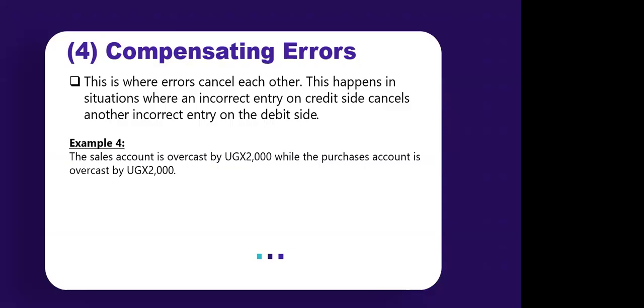However, if they had just said the sales account was overcast by 2,000 and they are silent, in that scenario, that particular error has affected the trial balance. Or if they say the purchases account is overcast and that is it, it is affecting your trial balance. Or if they say the sales account was undercast. Actually, they can give you a scenario where the sales account was overcast by 2,000 and the purchases account was undercast by 2,000. Those two errors are affecting the trial balance.